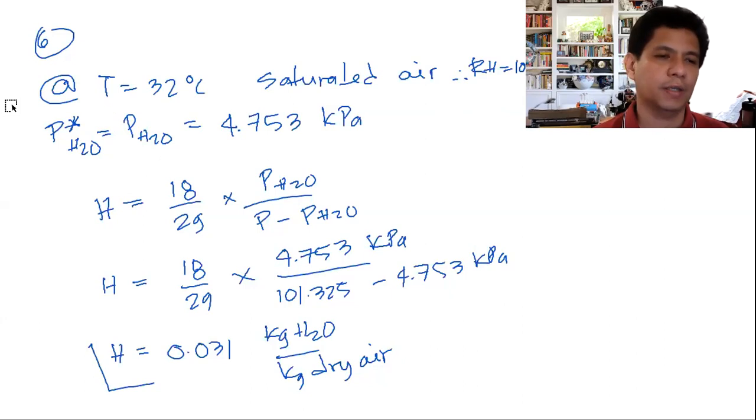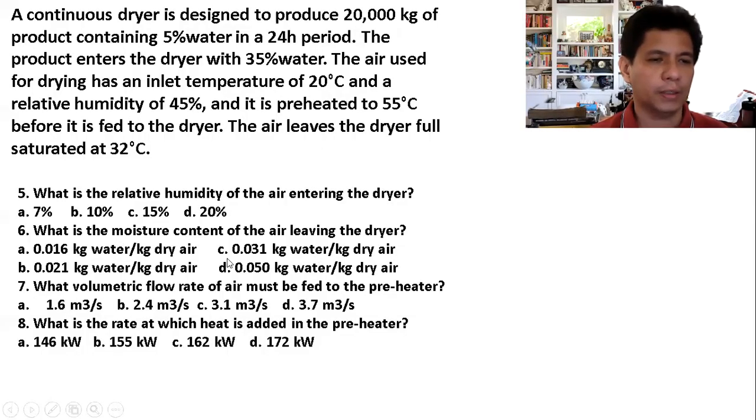And then the second step is use the humidity equation to calculate humidity. So the answer is 0.031. Okay, so letter C, no? So the answer is letter C for number 6.